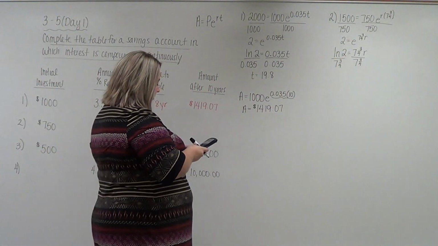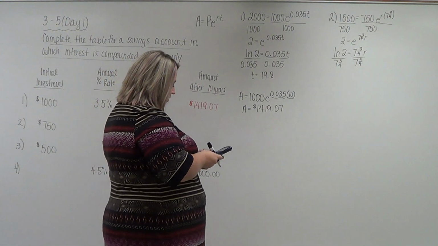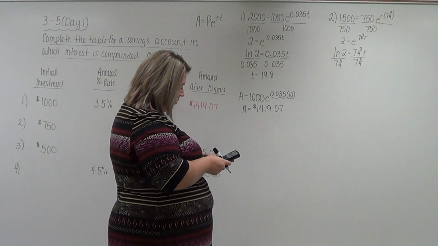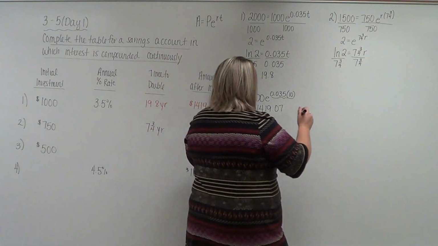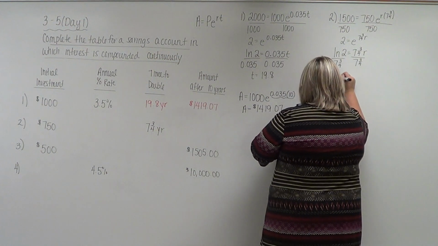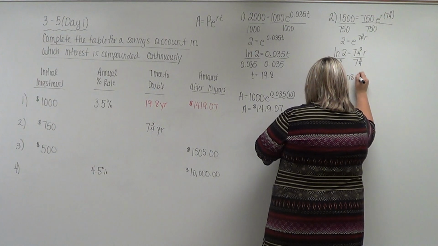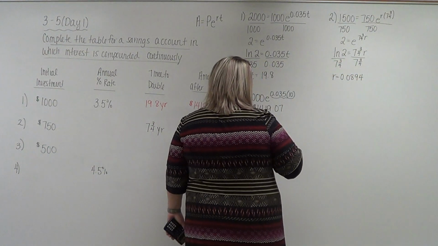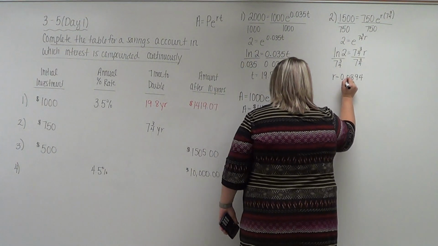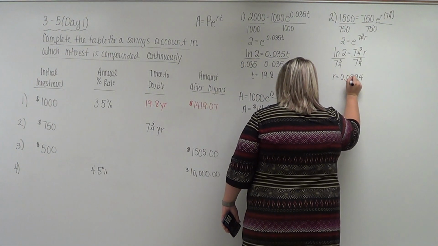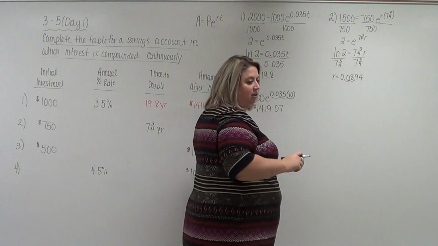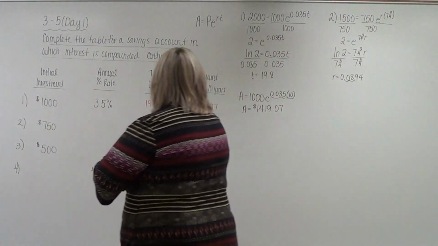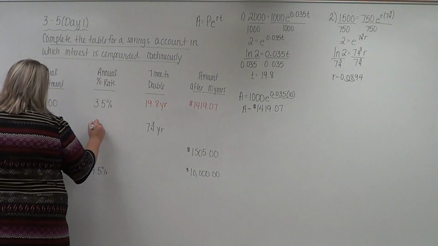So natural log of 2 divided by 7 3/4. Now when you're solving for rate, remember this is a decimal. When I want to find the percent, I'm going to move that 2 places to the right. So my rate would actually be 8.9%.